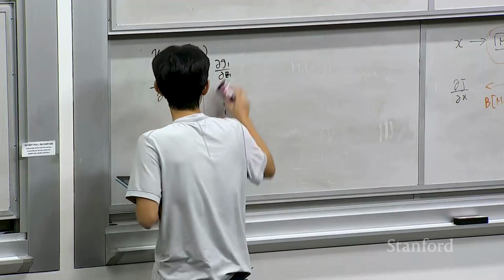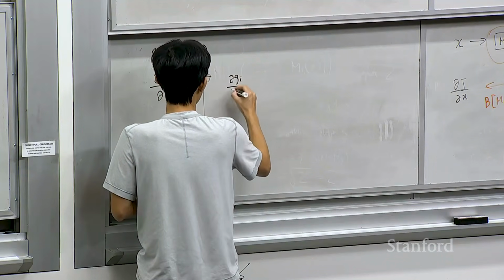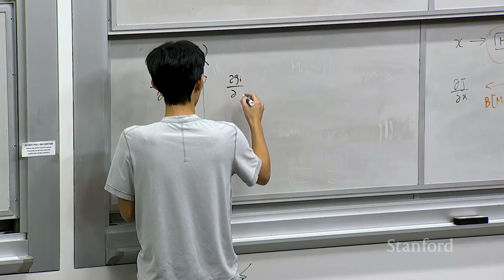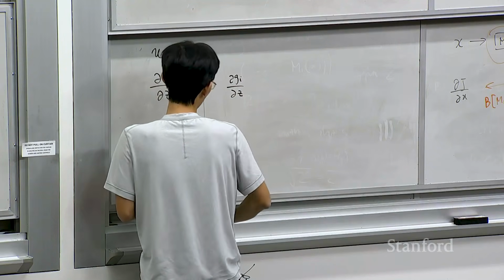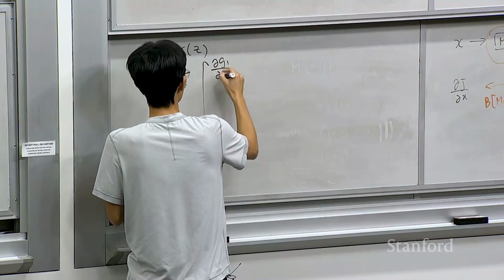So basically this matrix is dσ_i over dz_j. I guess maybe I don't have to. Let me just write out everything.